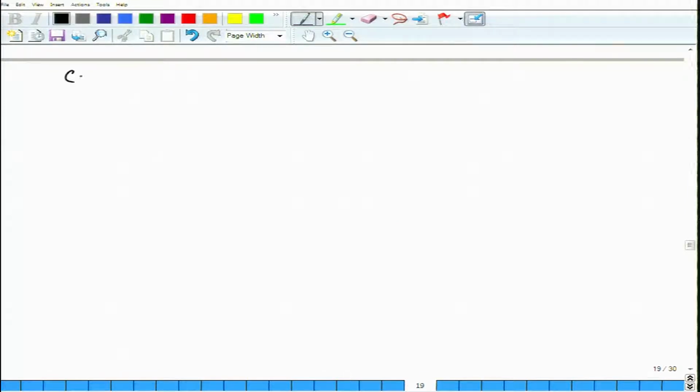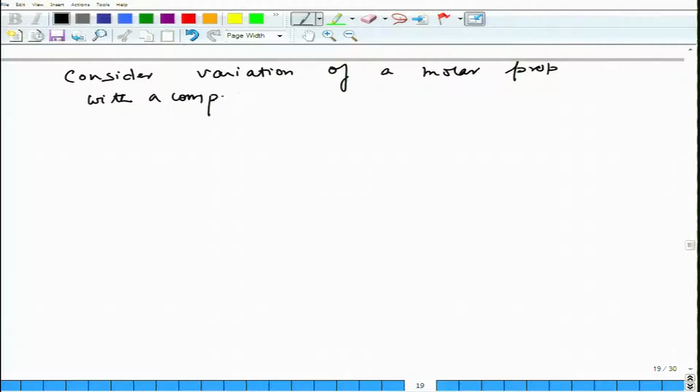So, consider the variation of a molar property with the composition in a binary mixture 1 and 2.